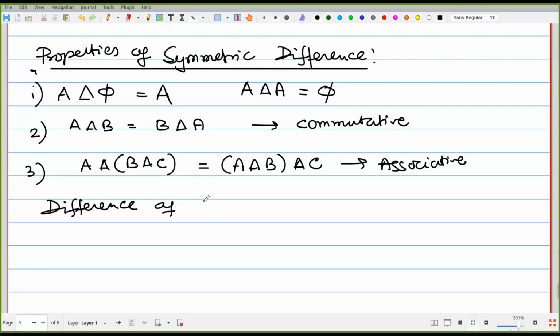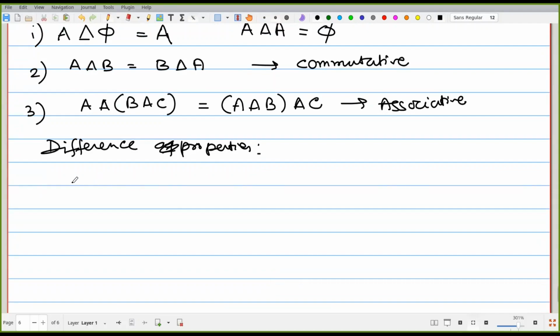Now for the normal difference. Difference properties. Okay, simply if we have A minus phi, normal difference, what should it give? Now already we are removing all the sets of null set, so already we are getting A itself.